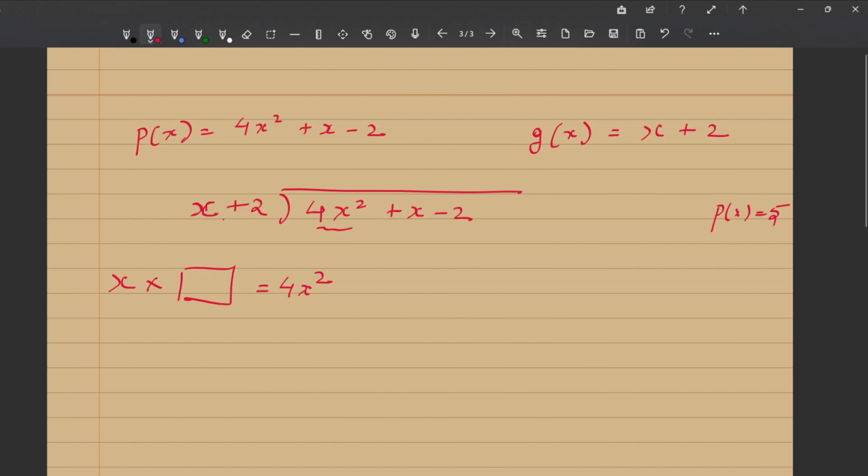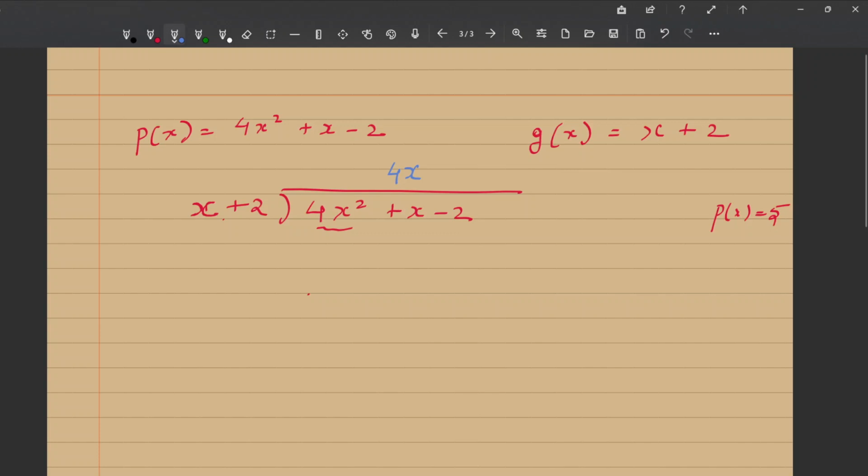So this is how I start. So x into 4x, right? This is going to give me 4x squared. Fine. So let me write 4x above the x term, and of course we are now going to multiply and find two terms.